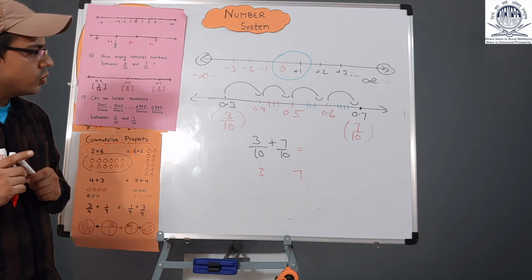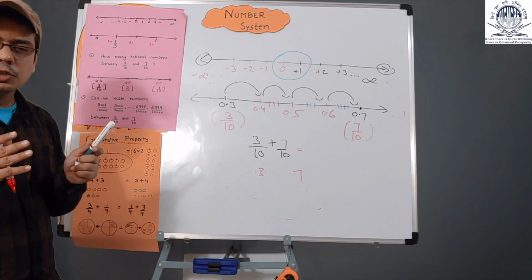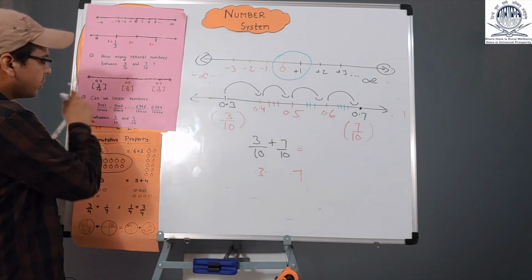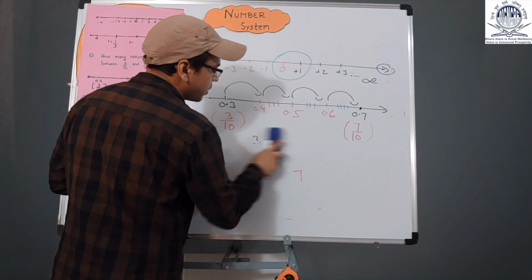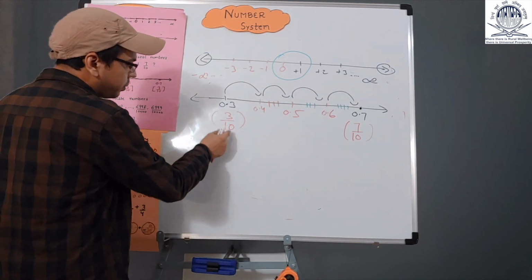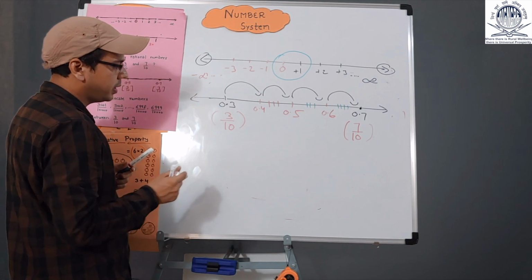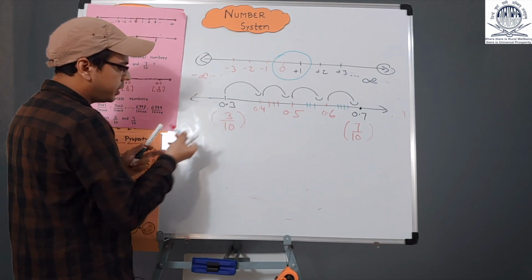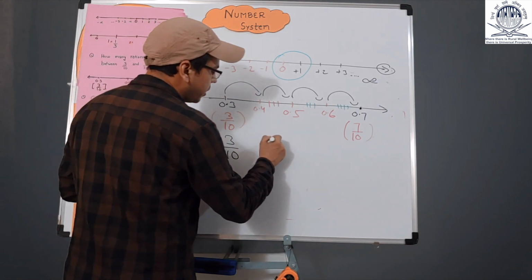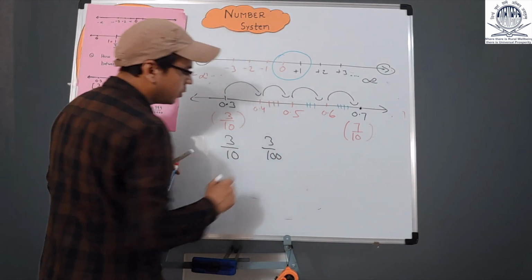Now let's try, again, like scientists and researchers, to focus on a small spot. I'll give you an example, and this is our last example. Let's analyze 3 by 10 and 3 by 100. Which is bigger?